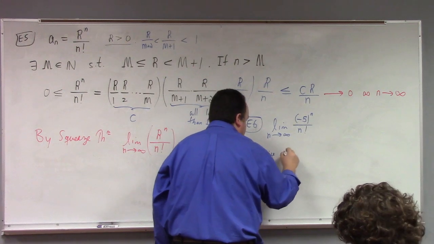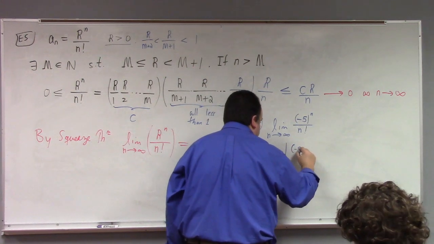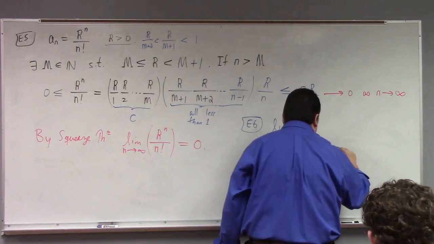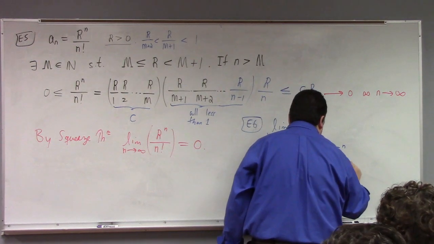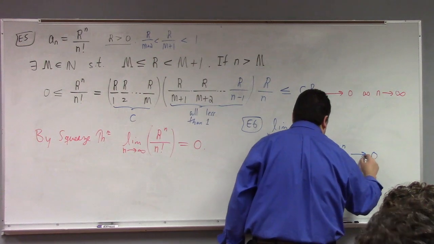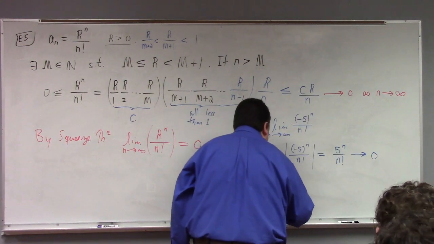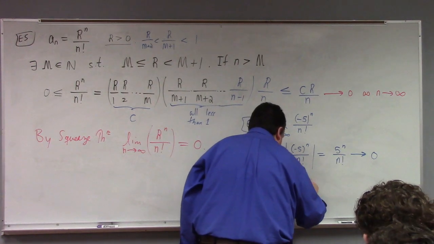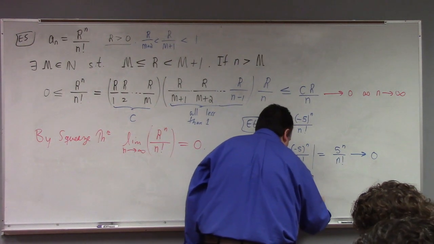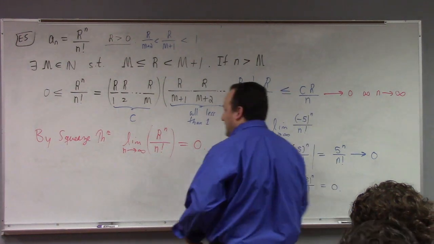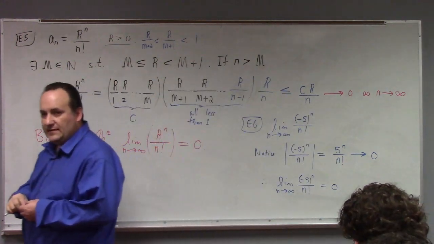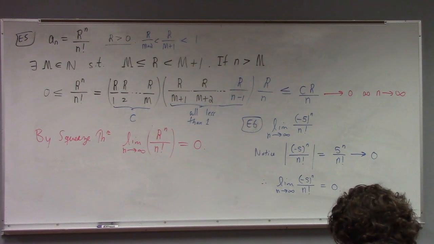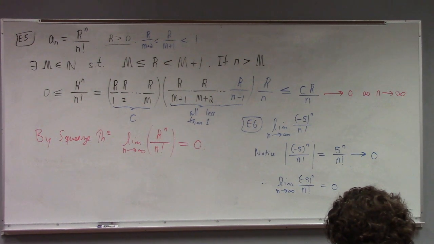I would just say, notice, the absolute value of minus 5 to the n over n factorial is equal to 5 to the n over n factorial, which goes to 0. Therefore, the limit of minus 5 to the n over n factorial is also equal to 0. So we can extend example 5 to negative values using the theorem that the absolute value going to 0 implies the sequence goes to 0.